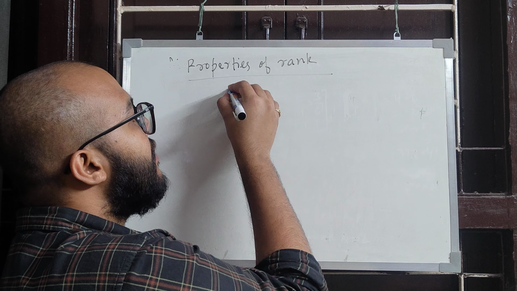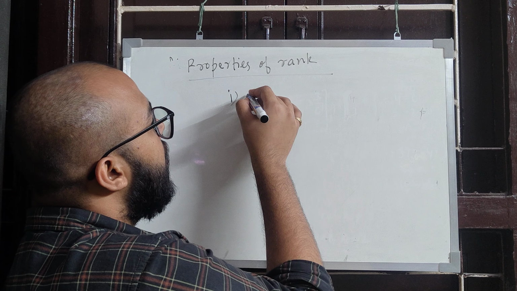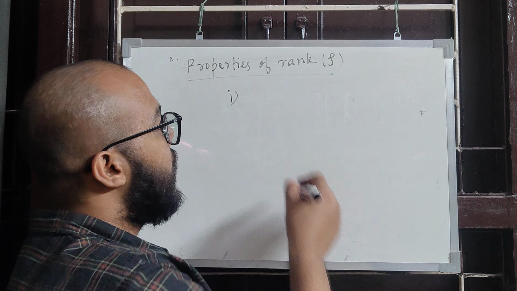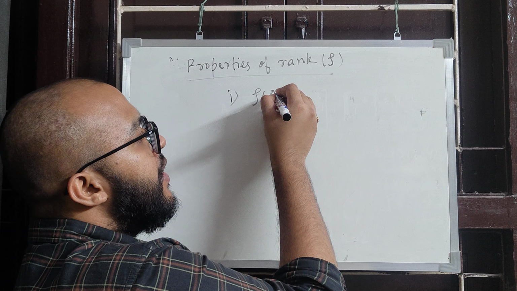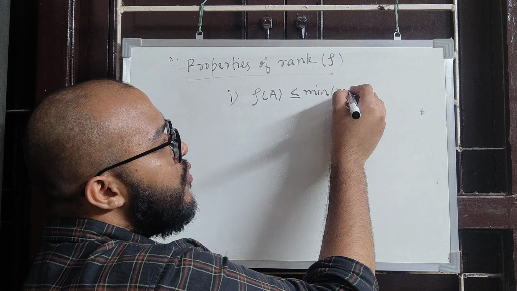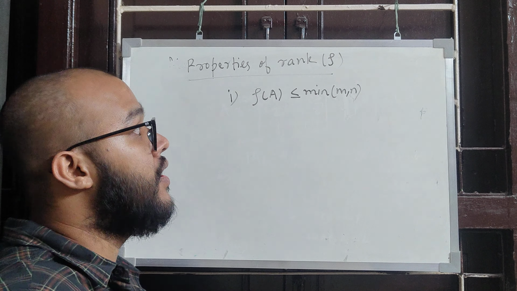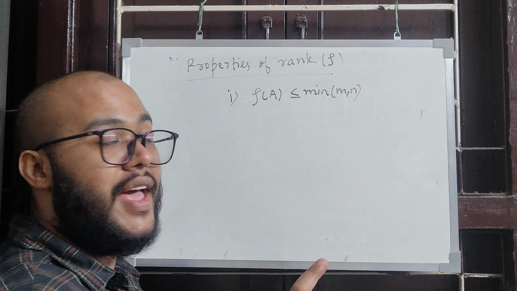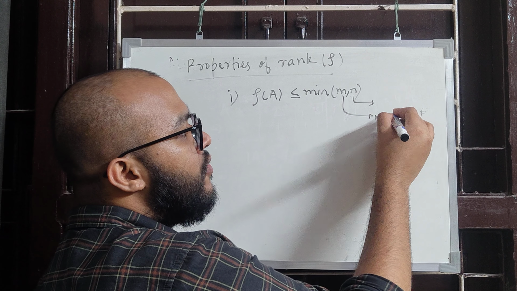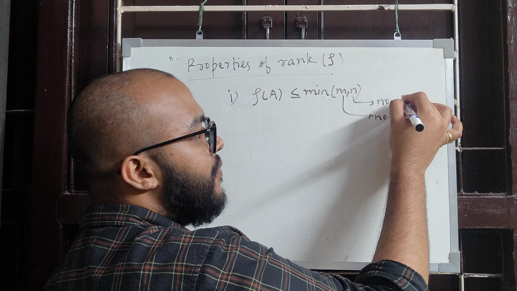So the first property is, rank can also be represented through this symbol, rho. Rank of A is less than or equal to the minimum of m comma n, where m is the number of rows and n is the number of columns.